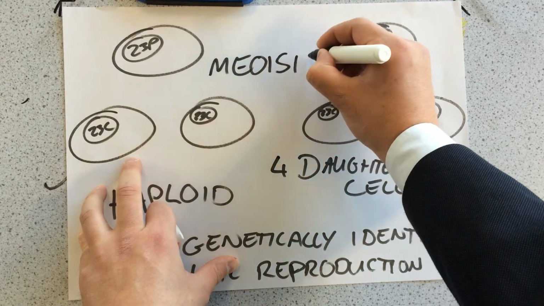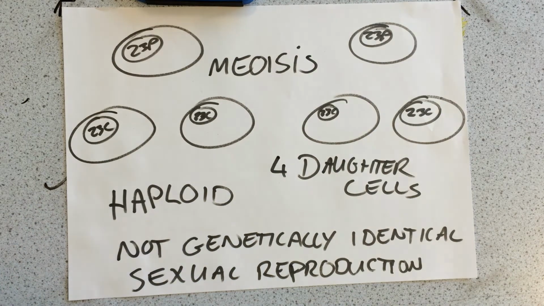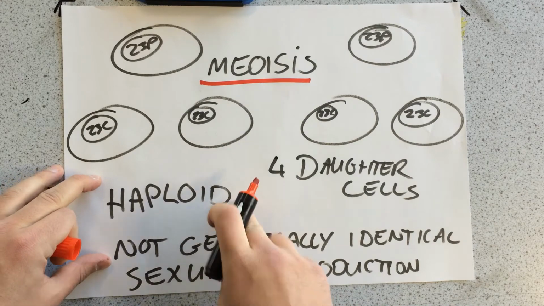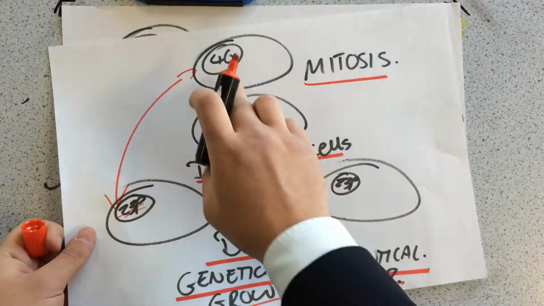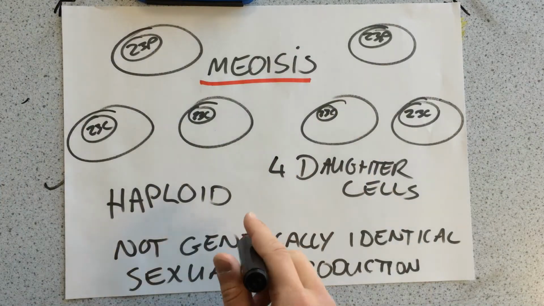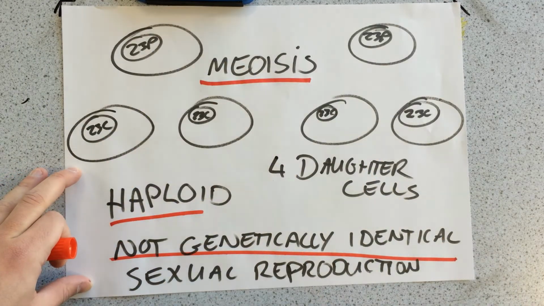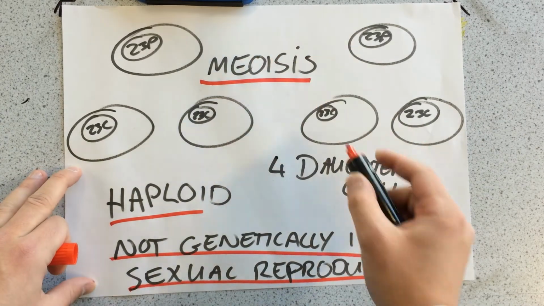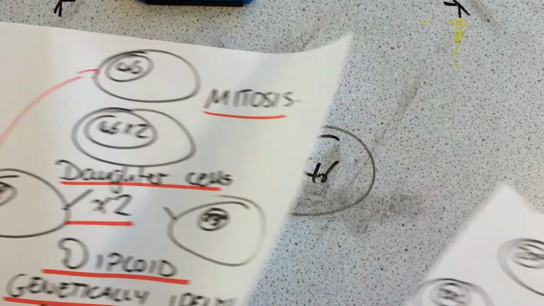Meiosis. These are haploid because they have half the amounts of chromosomes as my original cell. They are not genetically identical because obviously they've only got half, they don't have the whole, and it's used for sexual reproduction. And in meiosis, I have got 4 daughter cells, not 2. Meiosis, mitosis.